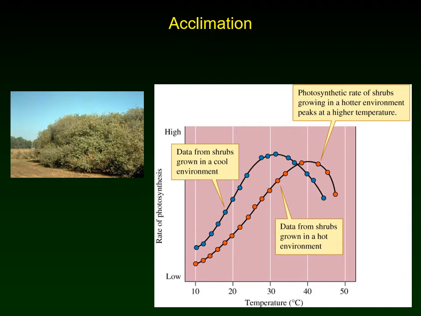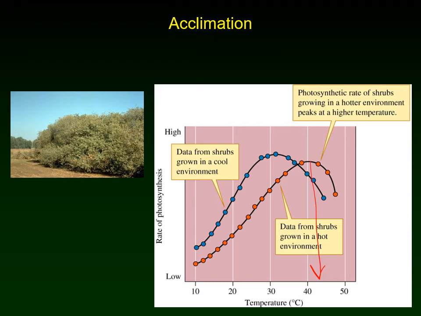And then he measured the photosynthetic rate of the two plants. And as you can see, the plants that were grown at the daytime temperatures at 43 degrees had a much higher peak in their rate of photosynthesis. So they were peaking at around their daytime temperature, over 40 degrees Celsius, and the clones of the shrubs that he grew at the cooler temperatures were peaking at a much lower temperature.